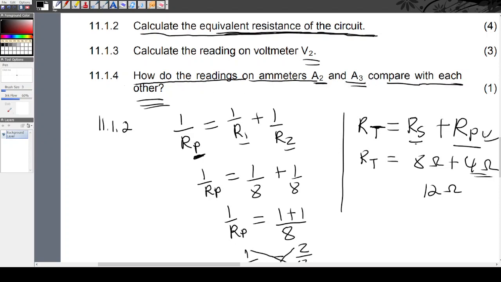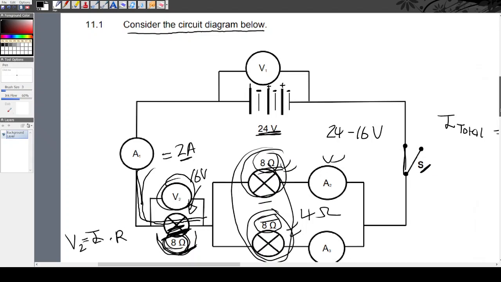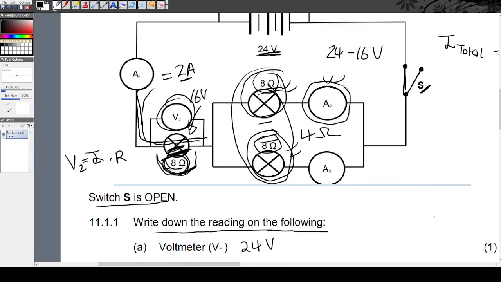Looking at these two ammeters, ammeter number 2 and ammeter number 3, how will the values read by these two ammeters compare to each other? Will one be greater than the other, or will they be equal, or will one be less?